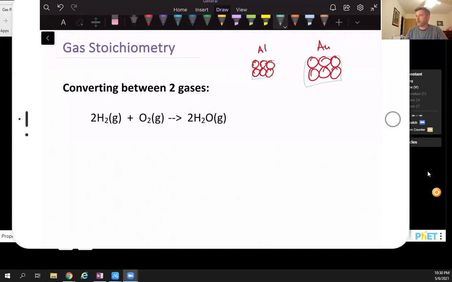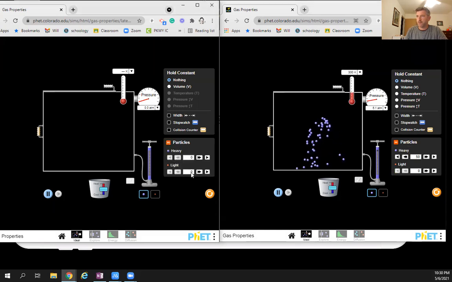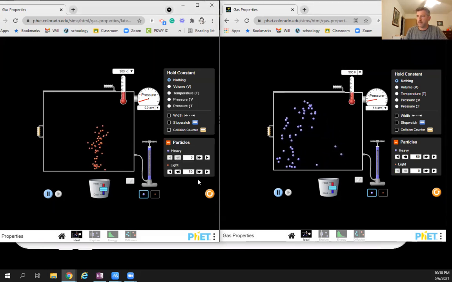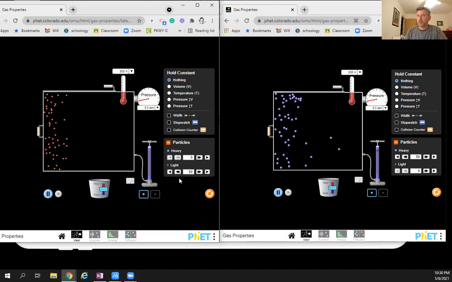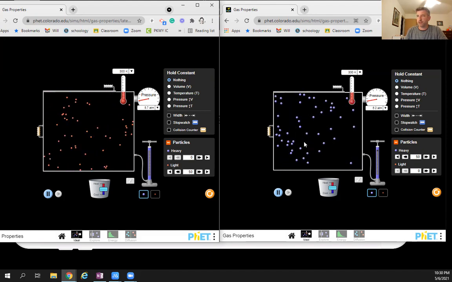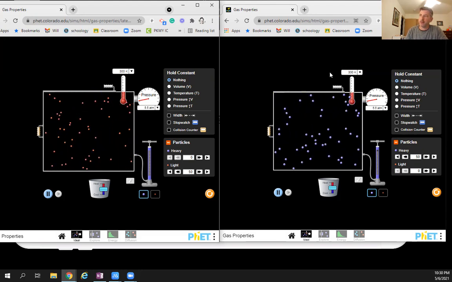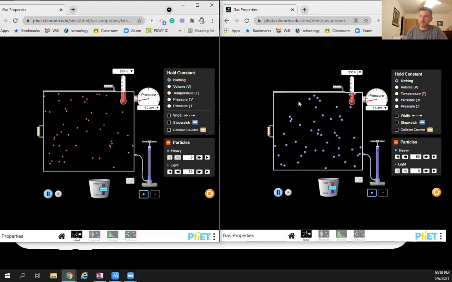So let's go to a little PhET simulation real quick and show you what I'm talking about. If I put, let's say, 50 heavy gas particles in one of these and 50 light ones in the other, and the light ones are moving faster, the heavy ones are moving slower at the same temperature, 300 kelvins, they're going to occupy the same space.